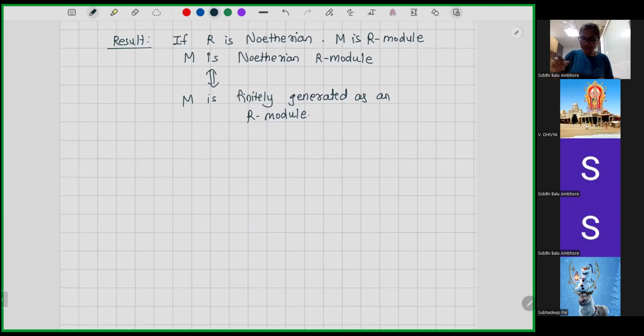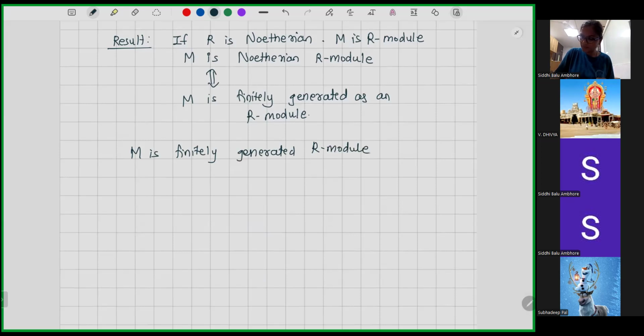Okay, so finitely generated means there exist finitely many elements. So it's similar to something being finitely generated as a vector space, a finite dimensional vector space. So M is a finitely generated R module.